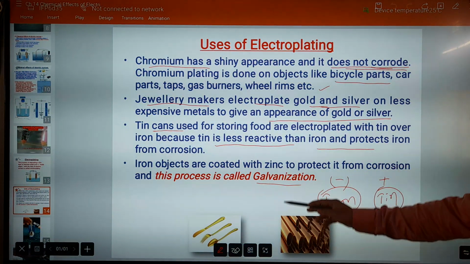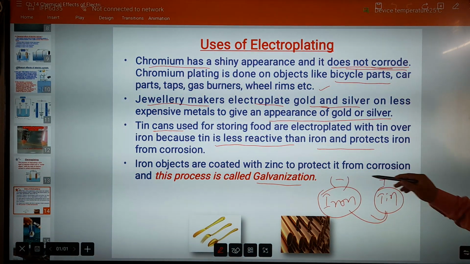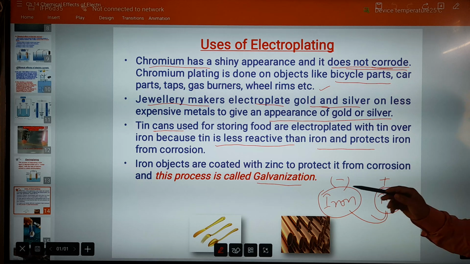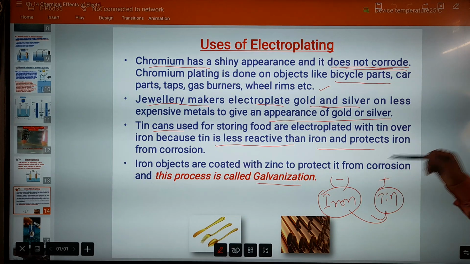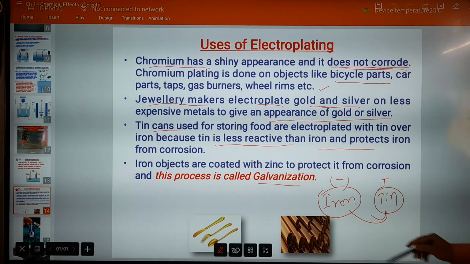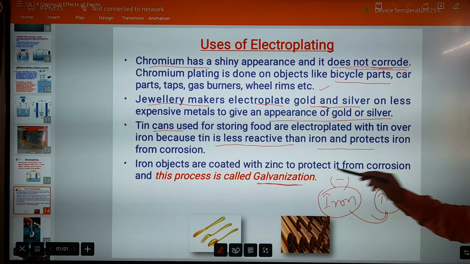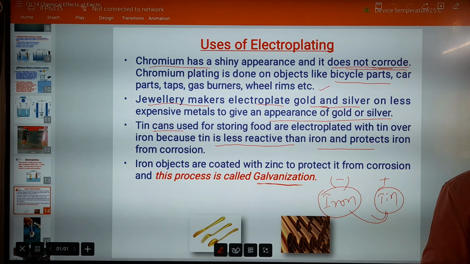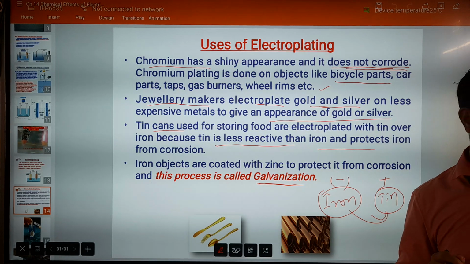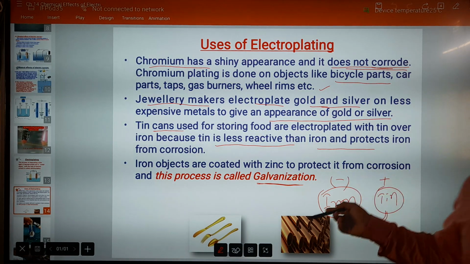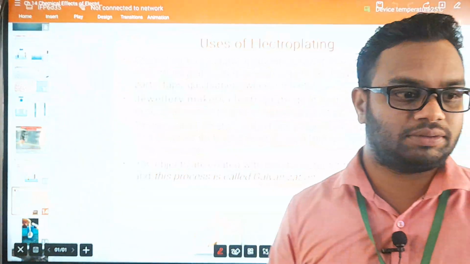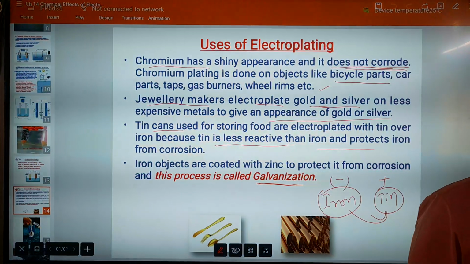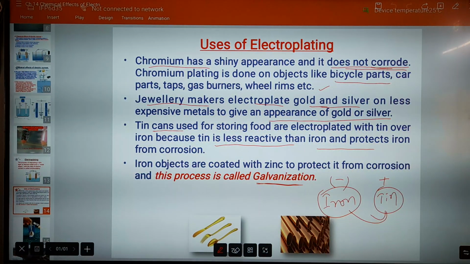Iron objects are coated with zinc to protect them from corrosion, and this process is called galvanization. So galvanization is the process by which we can make the metal rust free, rust resistant. Got it? Now write it down quickly.